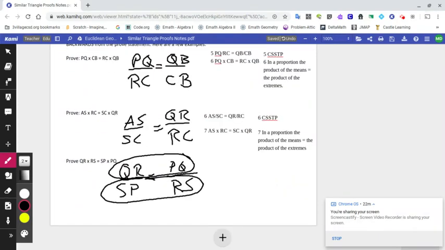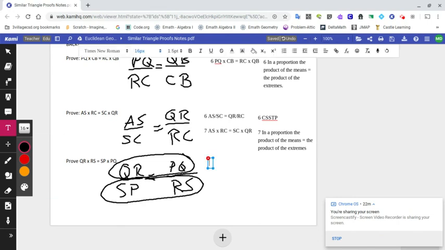All right, again, let's suppose it took us 5 steps to prove the 2 triangles are similar. Step 6 would be QR divided by SP equals PQ divided by RS. Okay, and my reason for that would be CSSTP, corresponding sides of similar triangles are in proportion.